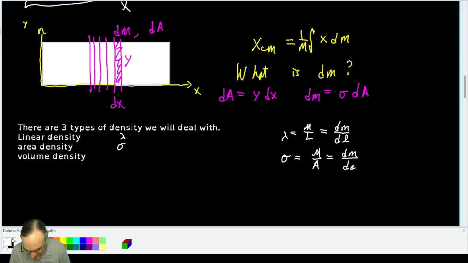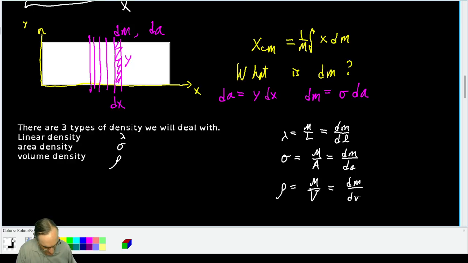I probably should change my dA up here to match then, because lowercase is not a bad idea to make it clear that what we're talking about is an infinitesimal quantity, something that can vary. And then volume density, the one you're familiar with. Volume density is the mass over the volume. You can think about that as dm over dv, where dv in this case is representing a volume, not a velocity, so be careful.